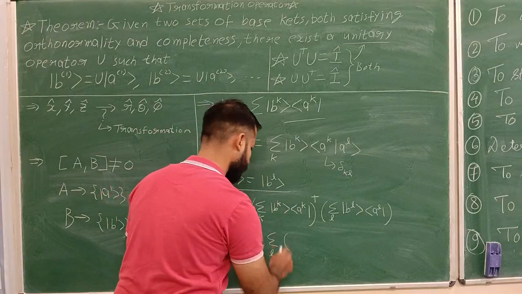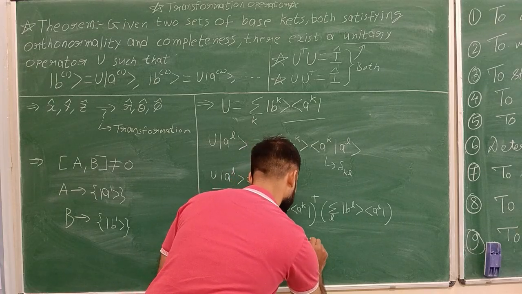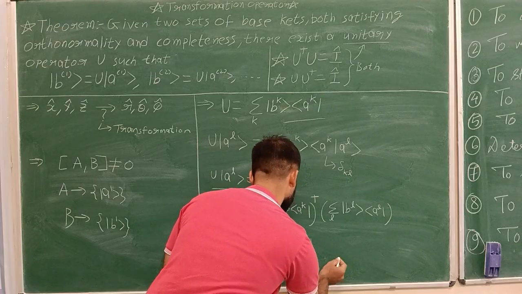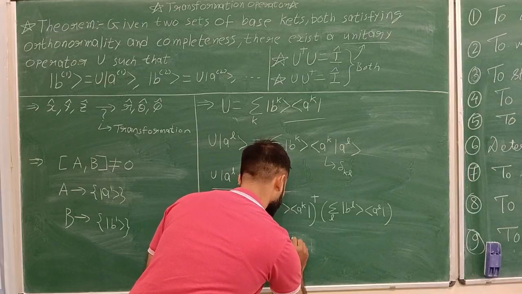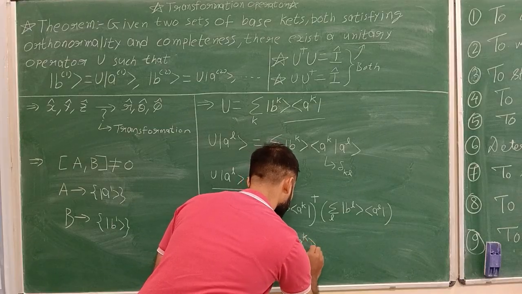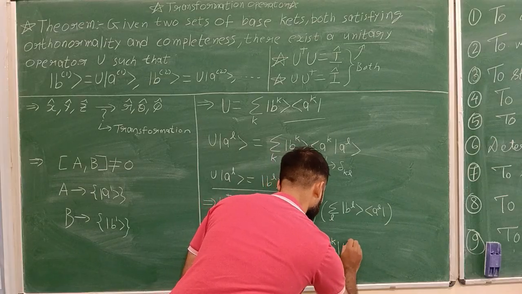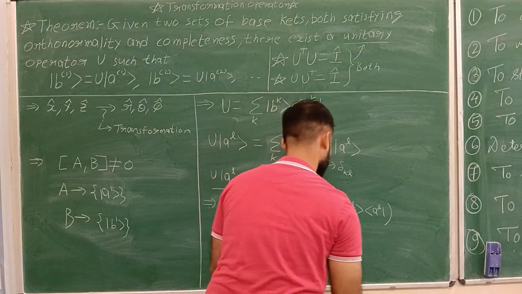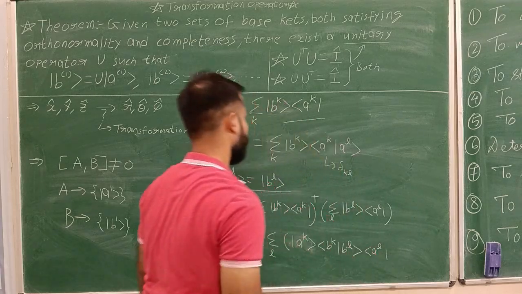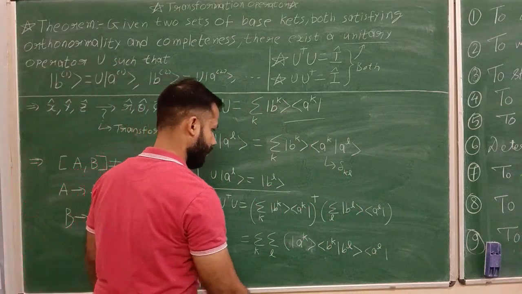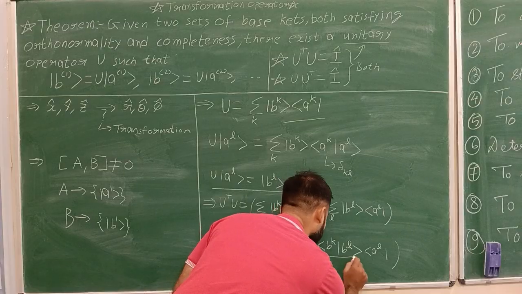A will come here, B will go there. This will be Kronecker delta.